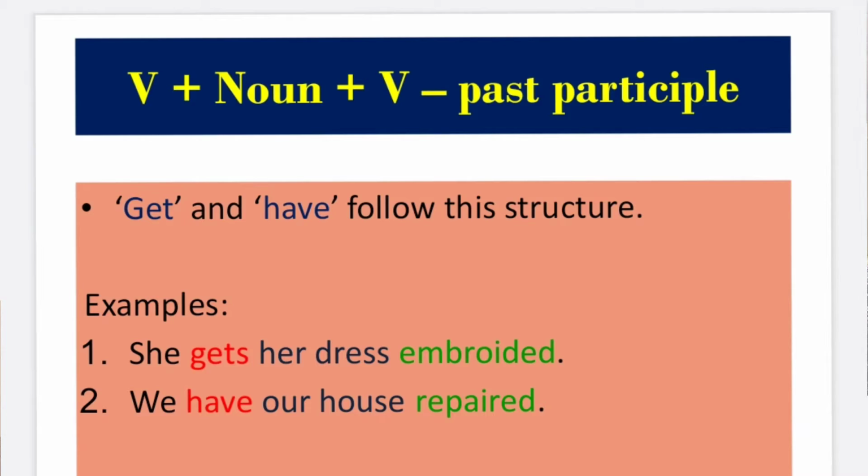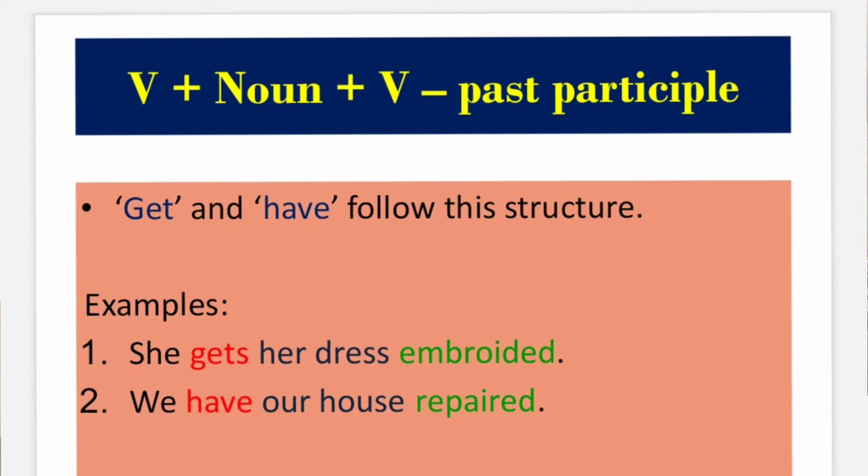Get and have follow this structure. Means get and have are the only two verbs which take the past participle of other verbs after a noun. For example, she gets her dress embroidered. We have our house repaired. Embroidered in the first example is confirmed because of gets and her dress as a noun.